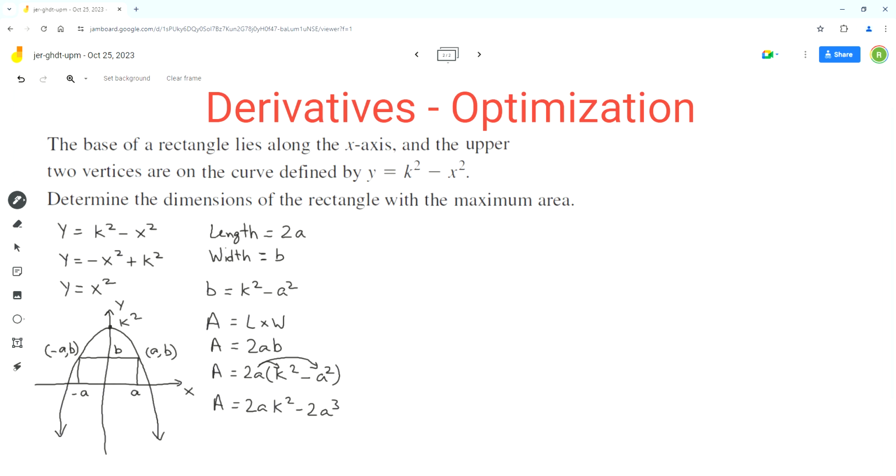So this is the area equation in terms of a.